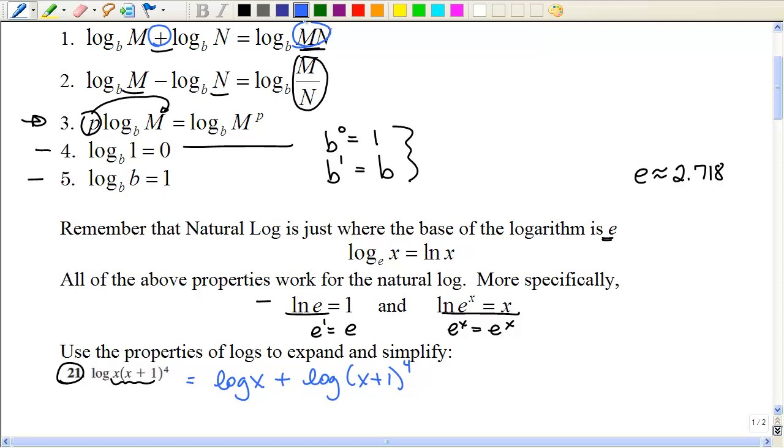We've separated it, so that's part of the expansion. But then I want you to look that now we have an exponent. So we're going to use this third property, and we're going to move this exponent as a coefficient. And that's as far as we can go because we do not have any type of rule that lets us distribute across a parenthesis. That's very important.